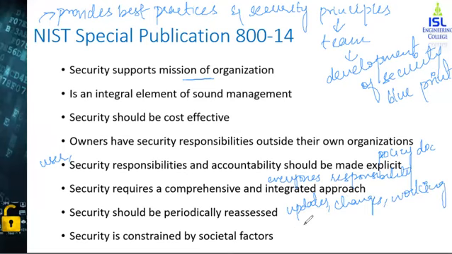Then security is constrained by societal factors. Now, this is about what the legal demands are, what the shareholders' requirements are, and the different business practices. So this is within what society thinks. All these factors are also going to be there within security.